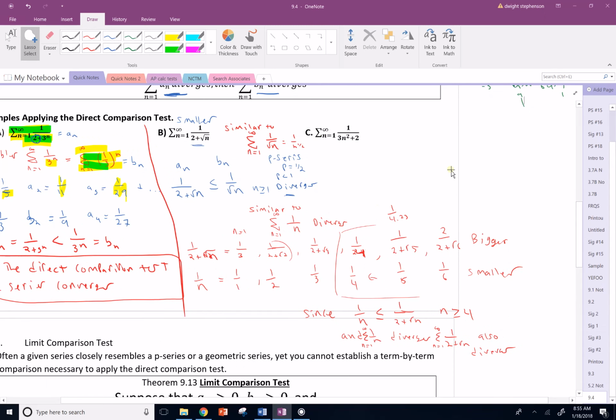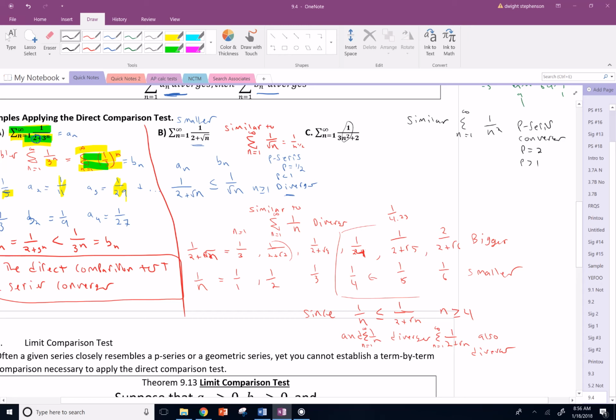Okay, so here's this last one. We want to find a similar series to this one. It kind of looks like just 1 over n squared, which is a p-series, and it converges because p equals 2 and p is greater than 1.